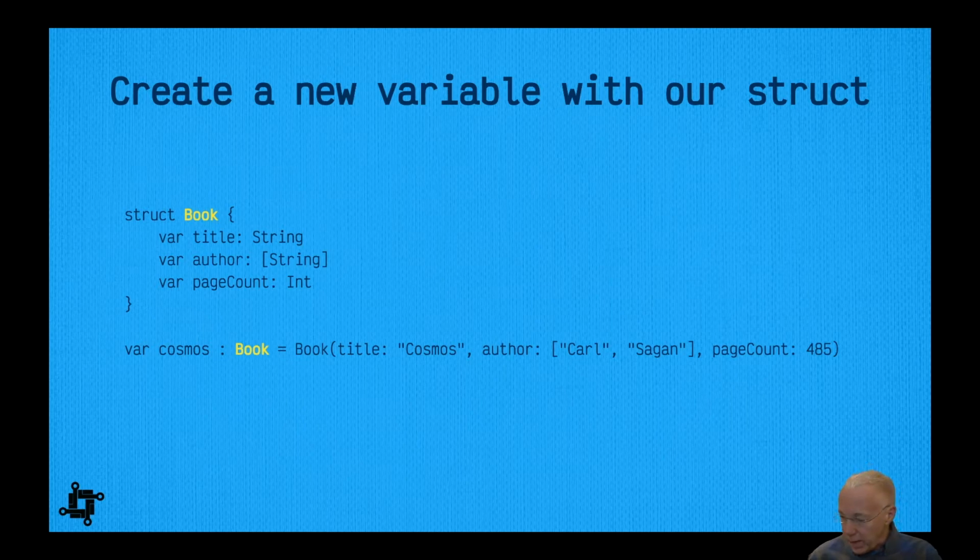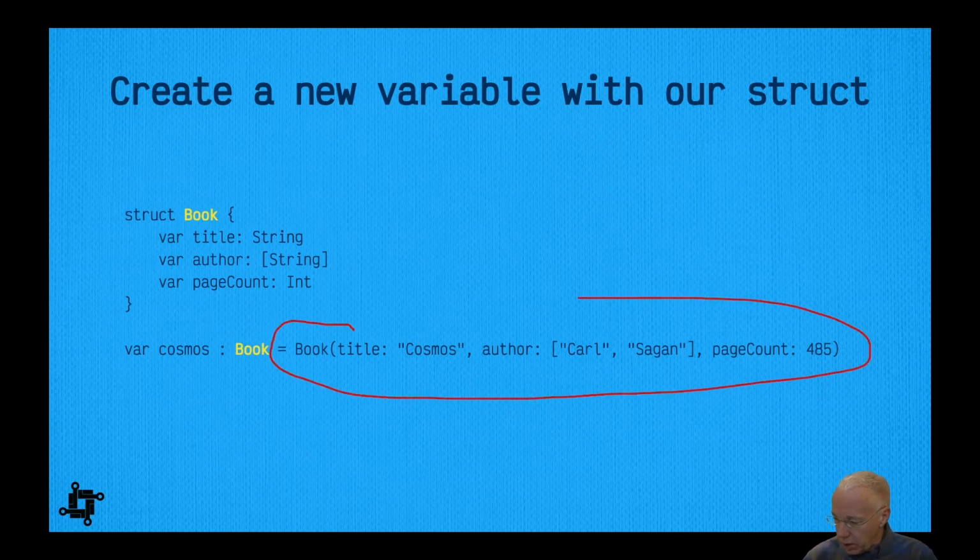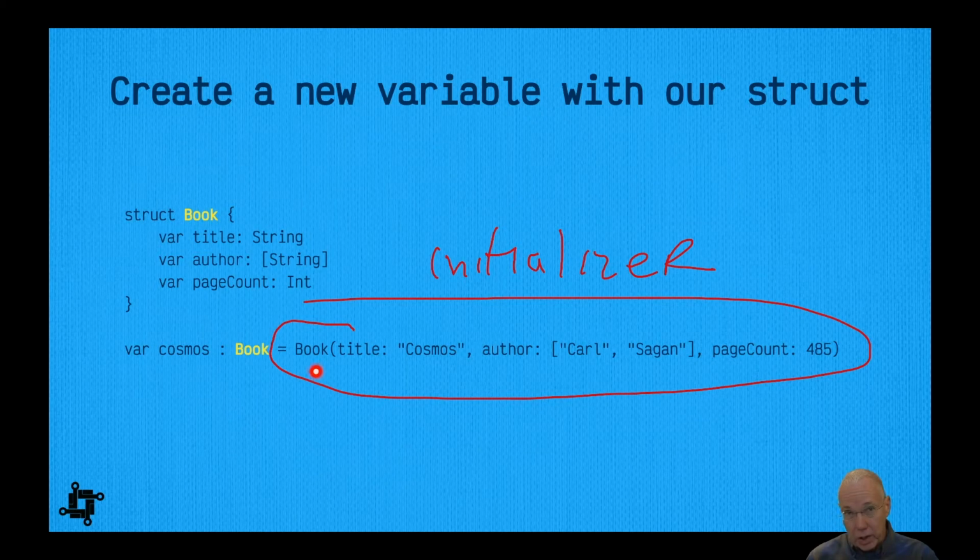And so when we type out Book here, we have what's referred to as an initializer. So this right here is an initializer. And what this does is initialize Book with the values that we've put here. So for example, you could imply that if I've got title Cosmos here, then the var title is going to get set to Cosmos.